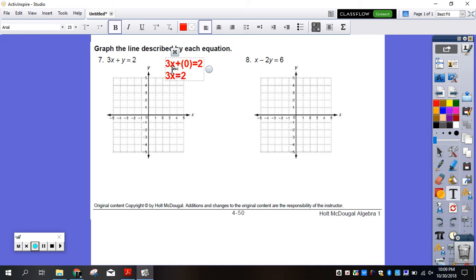So 3x plus 0 is 3x, and then 3x equals 2. I would finish by dividing both sides by 3, and I would get x equals 2/3.